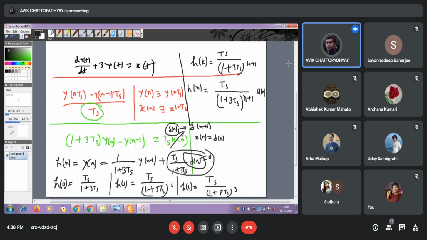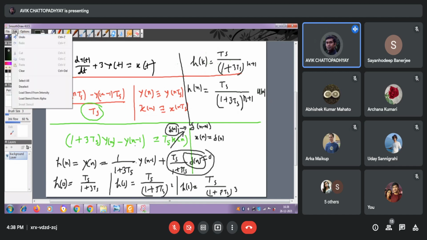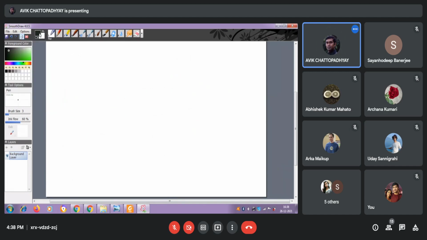Fine. Okay. So with this, let's move to the properties of convolution. I think we have discussed some of them. I told that the convolution operation is commutative.